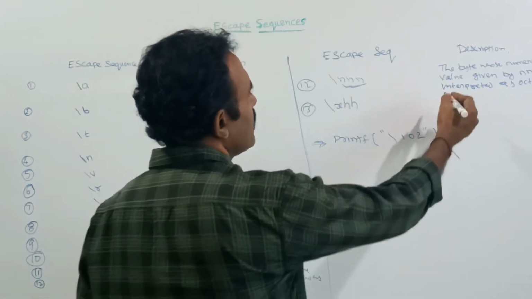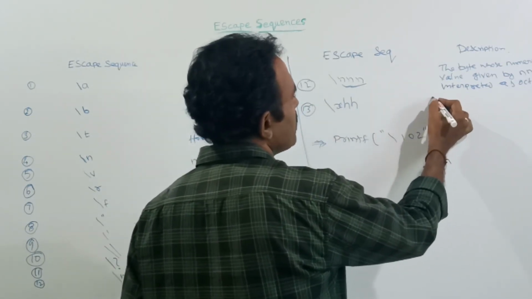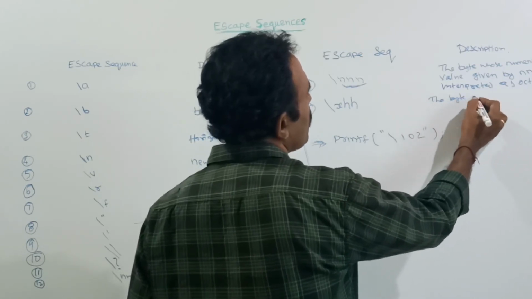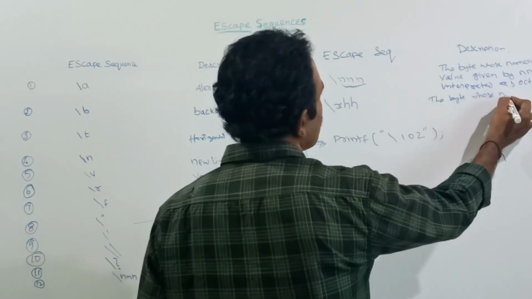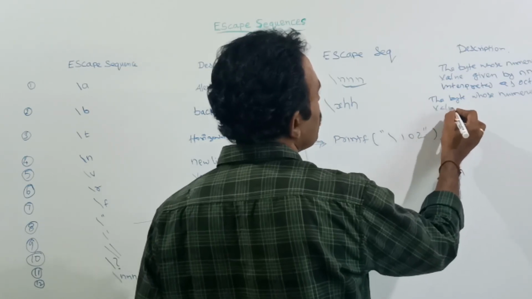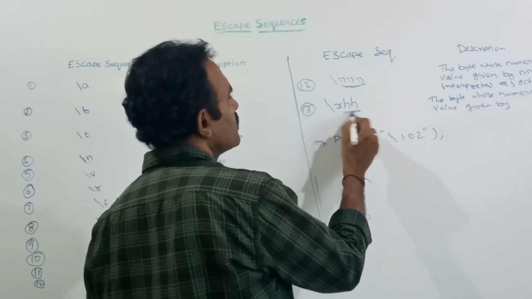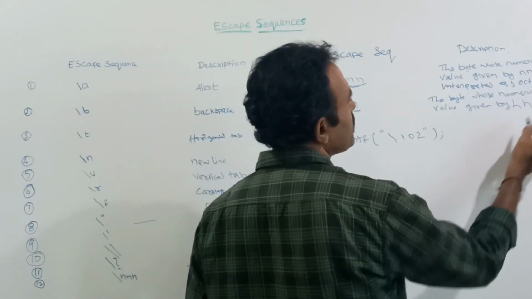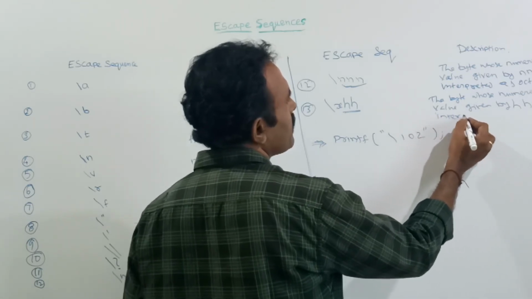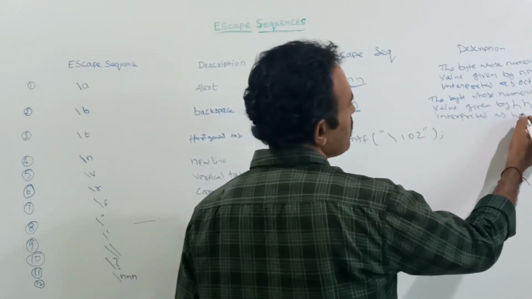This is also a similar presentation. Here slash xh, the byte whose numerical value given by this h is interpreted as hexadecimal.